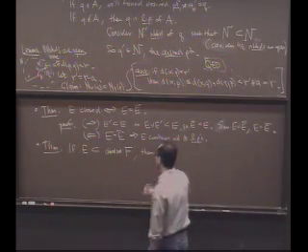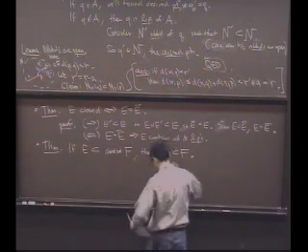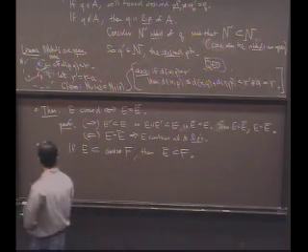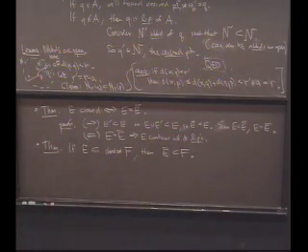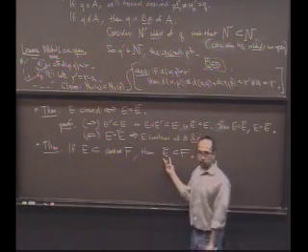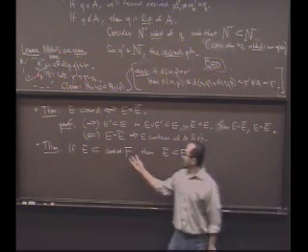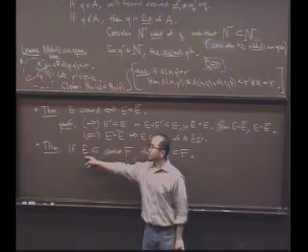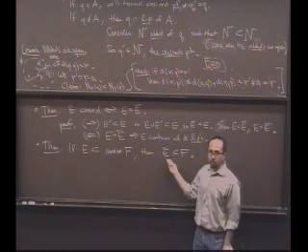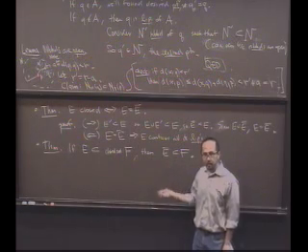It's also in F. Then E closure is contained in F. Oh, interesting. What this is saying is, in some sense, we know E closure is a closed set, yes? And any other closed set that contains E must contain the closure. So in some sense, the closure is the smallest closed set that contains E, right?